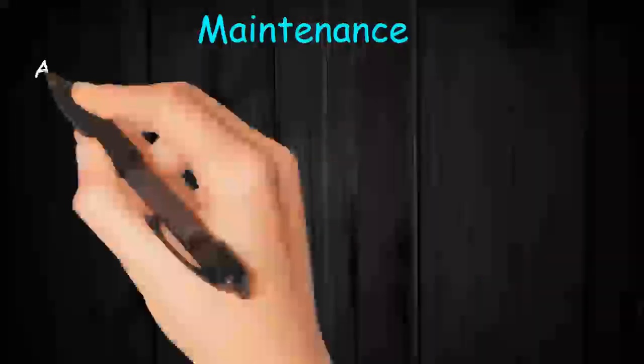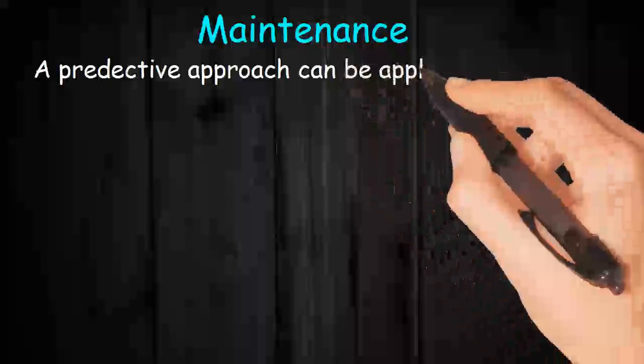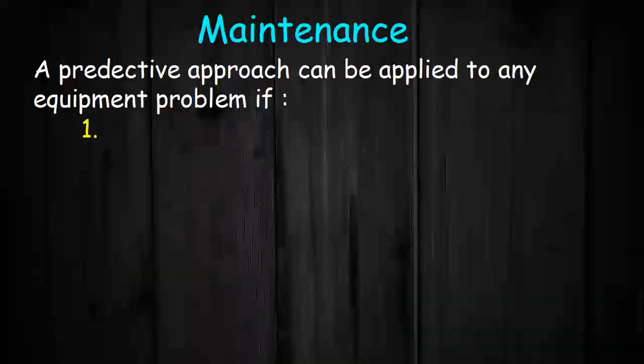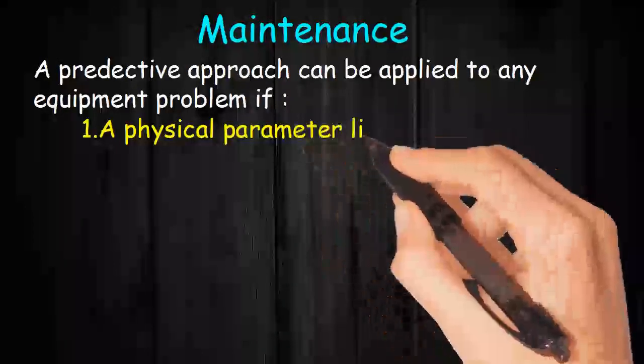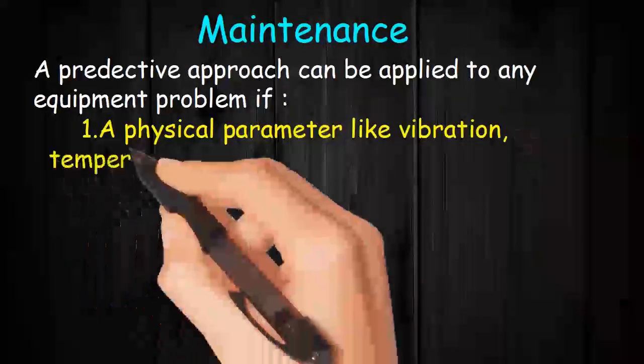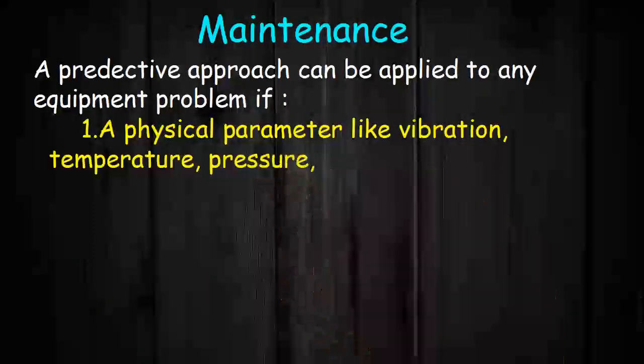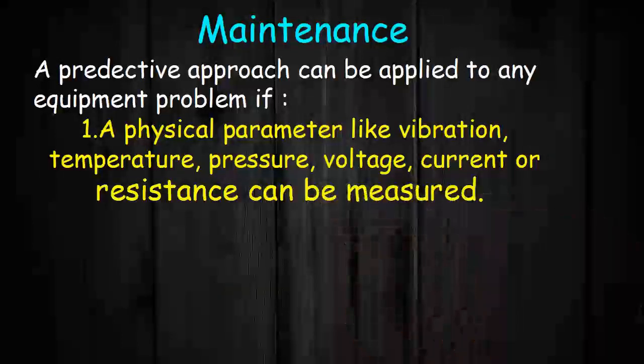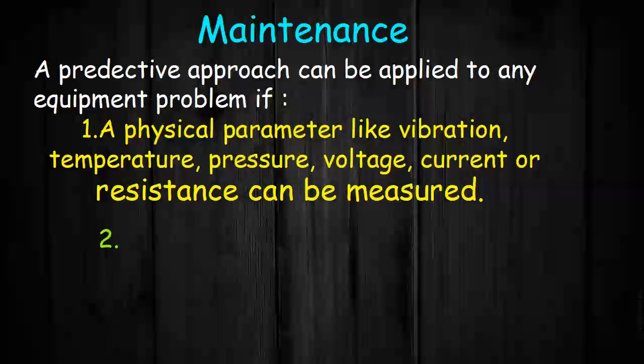Maintenance. A predictive approach can be applied to any equipment problem if: 1. A physical parameter like vibration, temperature, pressure, voltage, current, or resistance can be measured. 2.